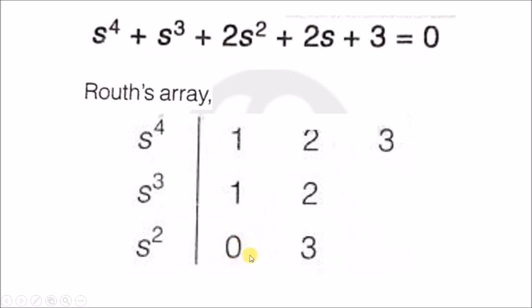Instead of 0 you write epsilon, and epsilon is actually 0, but for our calculation, let's say epsilon is a very small value, like 0.000000001. Do not bother about the epsilon value, but just understand epsilon is a very small positive number.